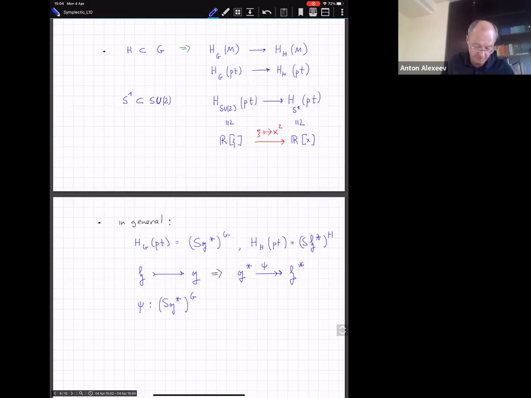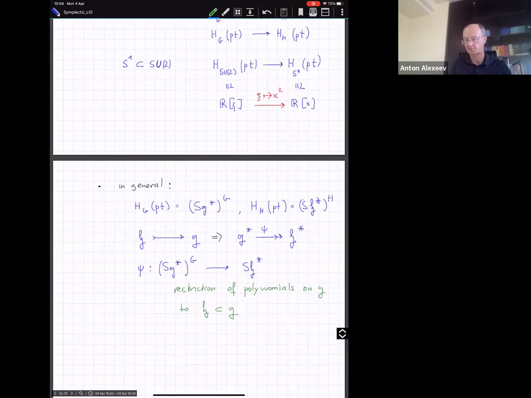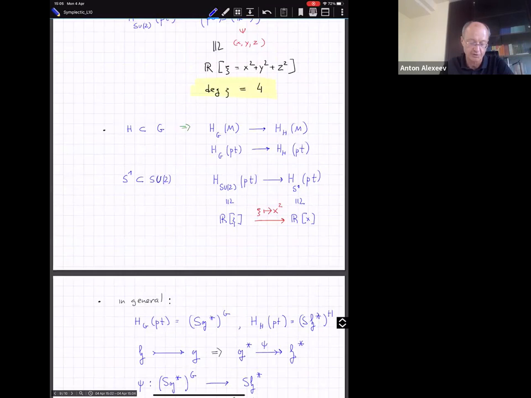So actually, this map to SH star is just the restriction of polynomials on G to H sitting inside G. That's a very simple operation. And then it is easy to see that the image of psi is sitting inside SH star H, and that's actually what we are doing here.